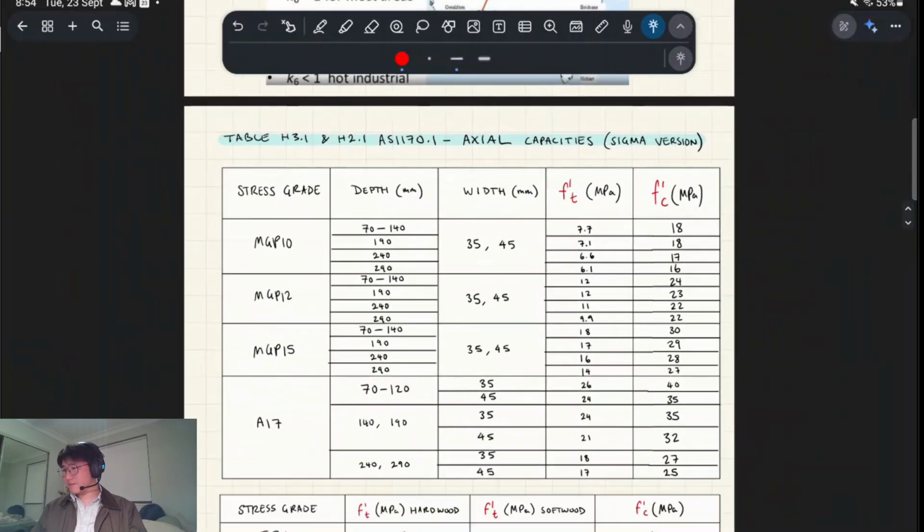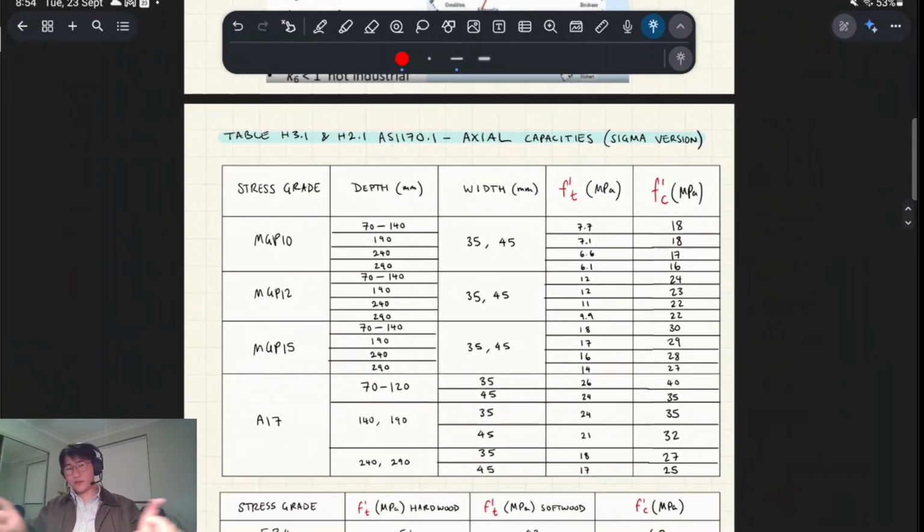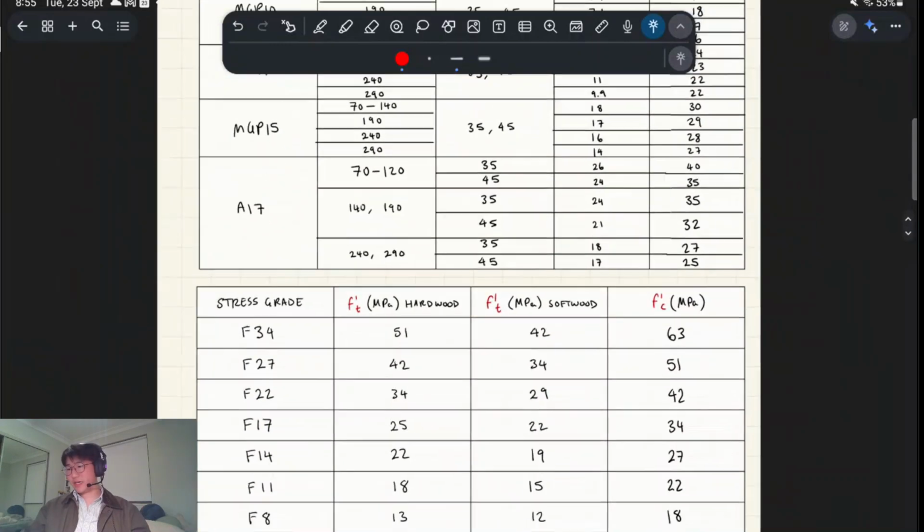Okay, here's a new part of a table you've already seen. It's the H3.1 and H3.2 tables, the axial capacities for these types of timber, like MGP and F-grade timbers.